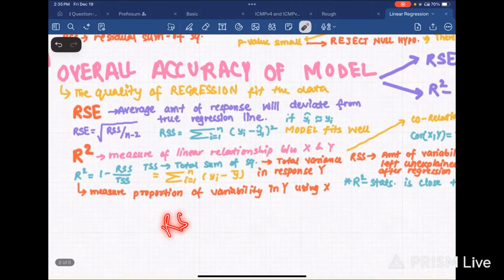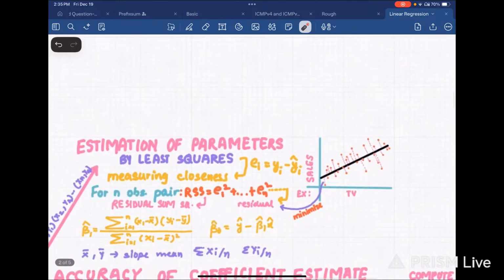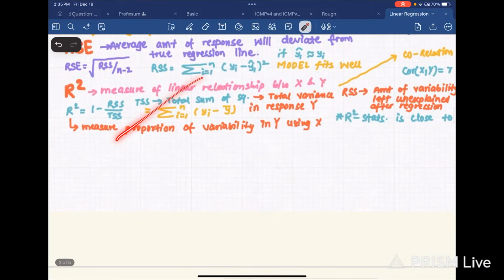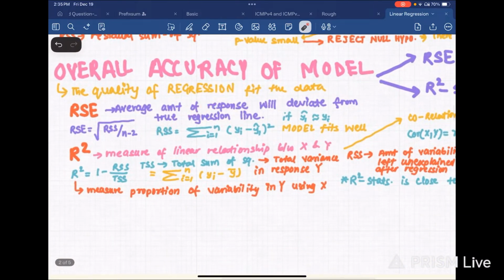So RSE, the residual standard error, is the amount by which the response will deviate. That deviation is calculated from RSS, the residual sum of squares, and we use it in this formula.